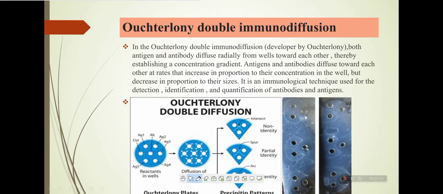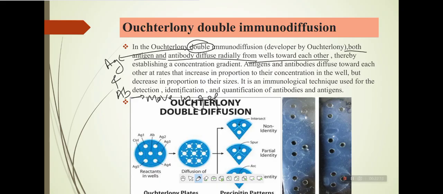What is the Ouchterlony double diffusion method? Double diffusion means both antigen and antibody will move in a gel. Both antigen and antibody diffuse radially from wells toward each other.